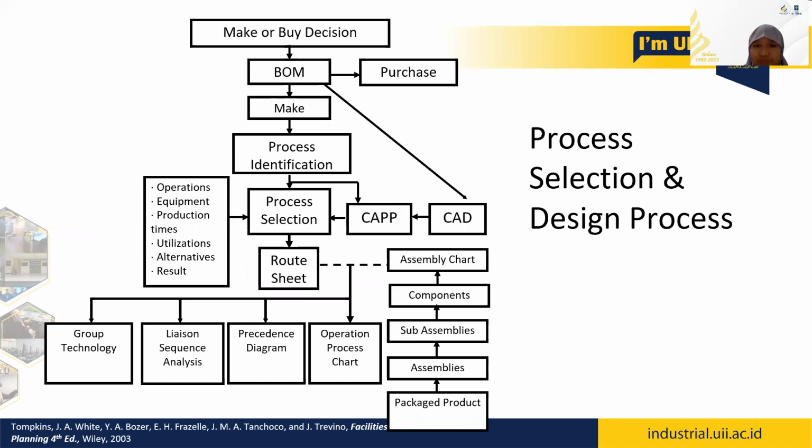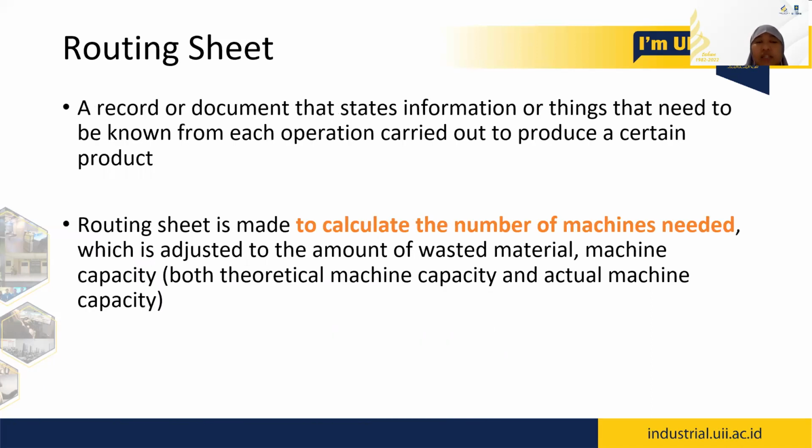Okay, so I will skip this. Okay, so how to do that is usually based on the routing sheet that we create. So in the process design, we actually also create the routing sheet, right? So aside from the OPC and the precedence diagram, some of the information in the routing sheet is later used to calculate the number of machines needed.